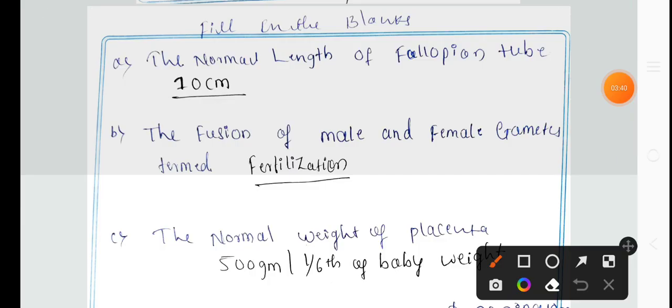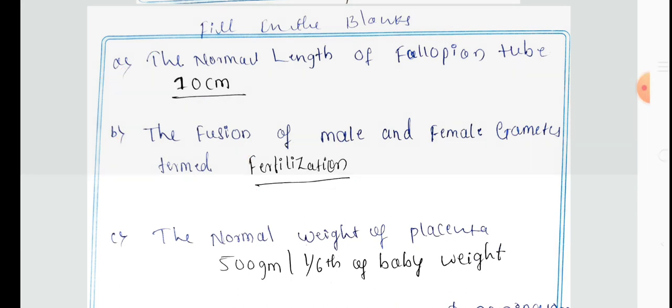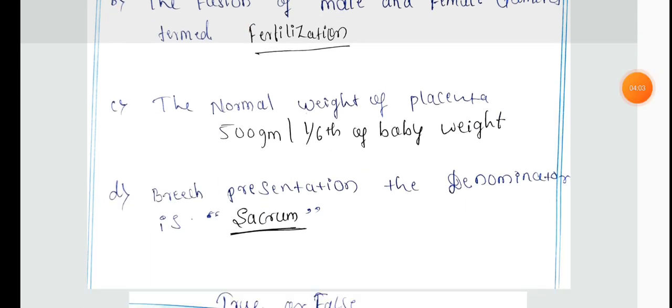Now we will discuss the fill in the blanks. First question is the normal length of the fallopian tube, that is 10 centimeter. Then second question is the fusion of male and female gametes is termed as fertilization. Next is the normal weight of the placenta.